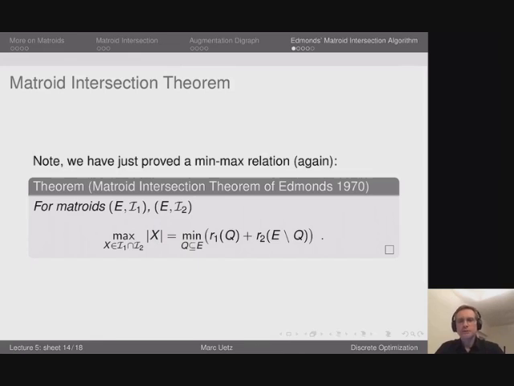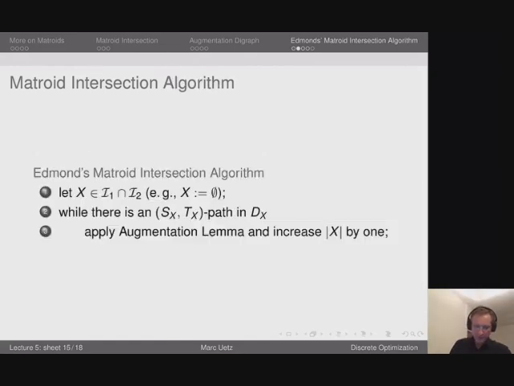And that actually means that we have our completeness proof, correctness proof of a very simple and generic matroid intersection algorithm, which is this. We start with an arbitrary independent set in both matroids, could be, for example, the empty set. And as long as we find augmenting paths, so Sx, Tx augmenting paths in this augmentation digraph Dx, we apply the augmentation lemma and increase the size of the set X by 1.